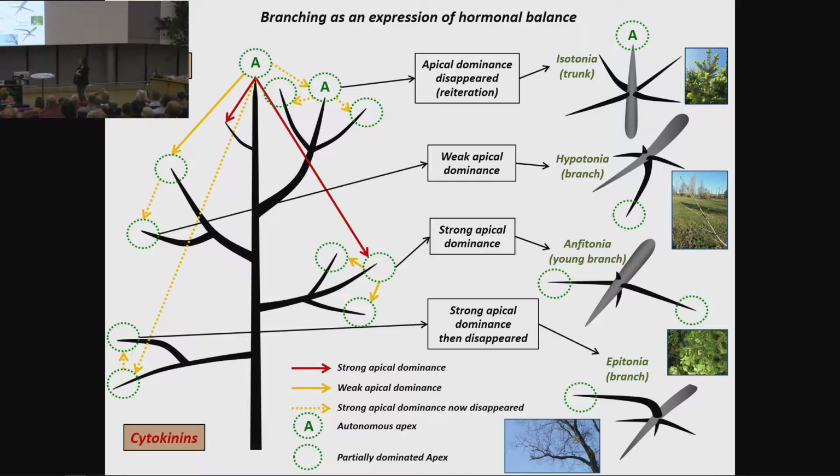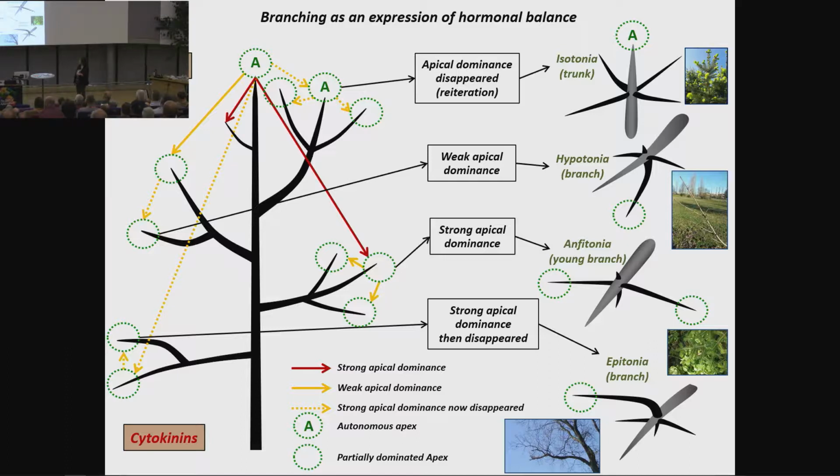And so these parts will be trunks, while these parts will stay in a branch state. And a trunk has a radiated symmetry, so the buds can develop all around, while the branch will develop twigs or little branches only on a prevailing plane.